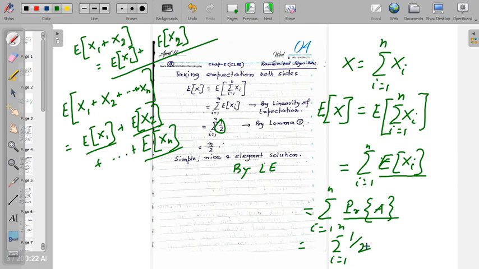Now the sum from i equals 1 to n of half means half plus half up to n terms. So it is n by 2. So whatever we were expecting, the expectation of x, will be n by 2, and mathematically we have got this result.